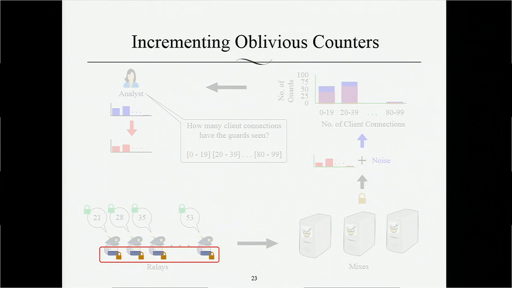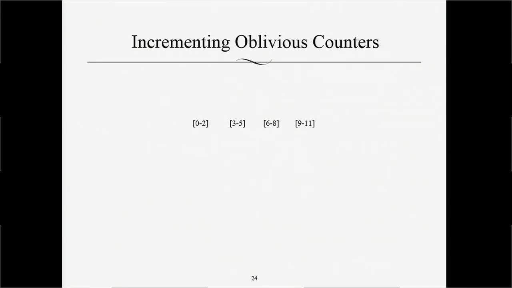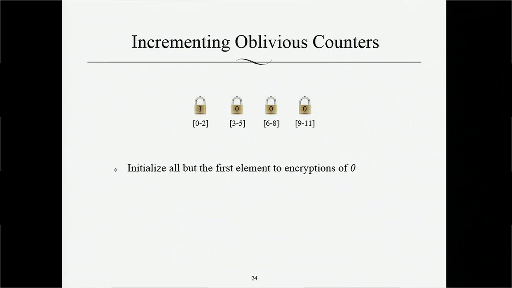So far we have seen how relays maintain oblivious counters. Now let's see how relays increment their oblivious counters. So these are the bins, like bins 0 to 2, 3 to 5, and so on. The relays initialize them to GM encryptions of 0, all but the first element, which they initialize to 1. They also initialize a low-order counter t equal to 0.